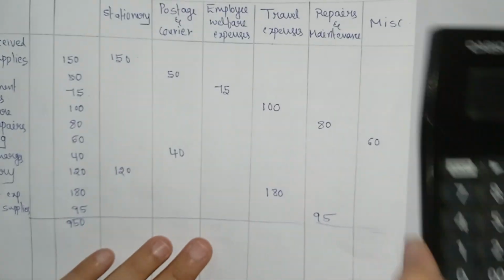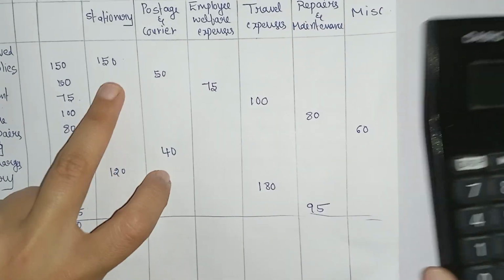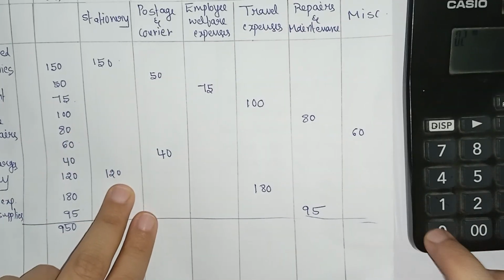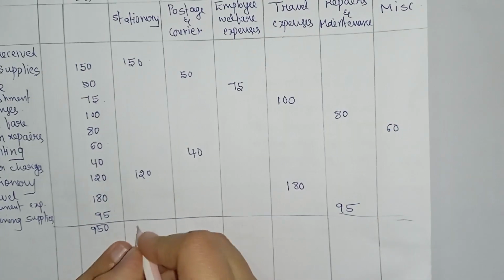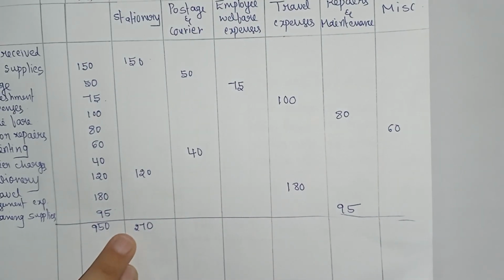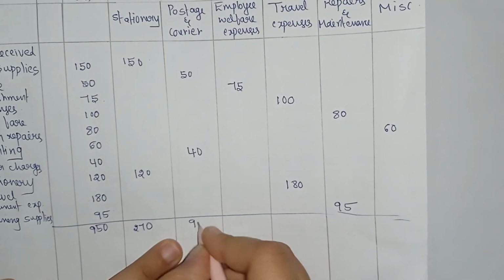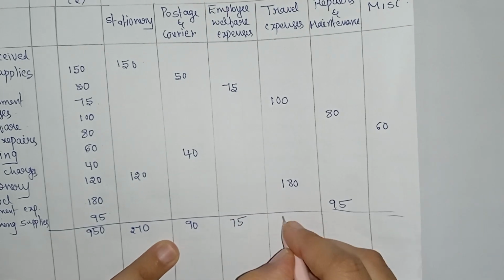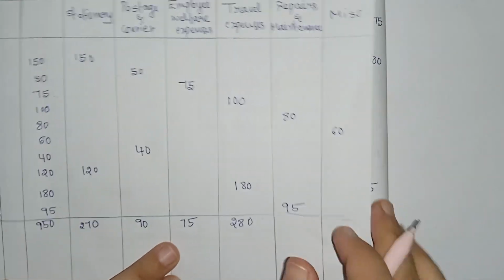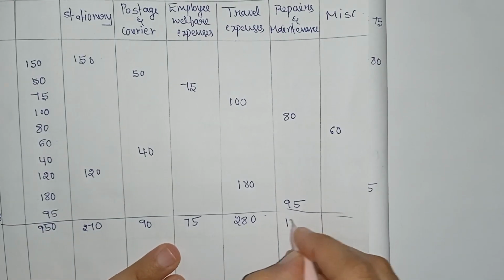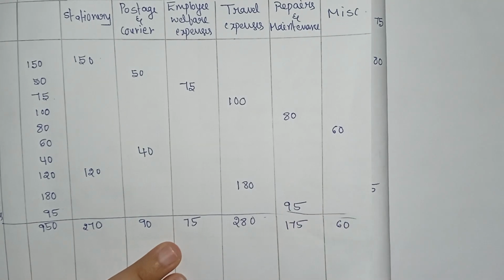Now we have to total these columns, that is 150 plus 120, 270, 50 plus 40, 90, 75, 280, 175, 60.